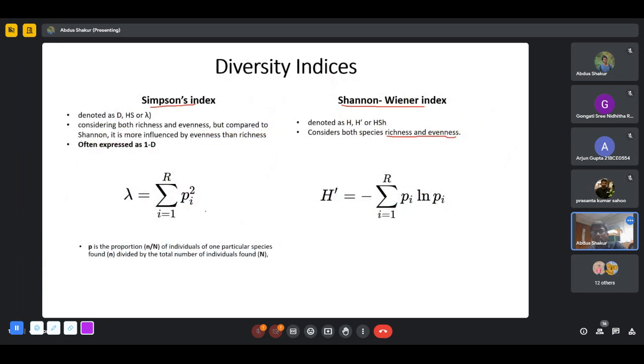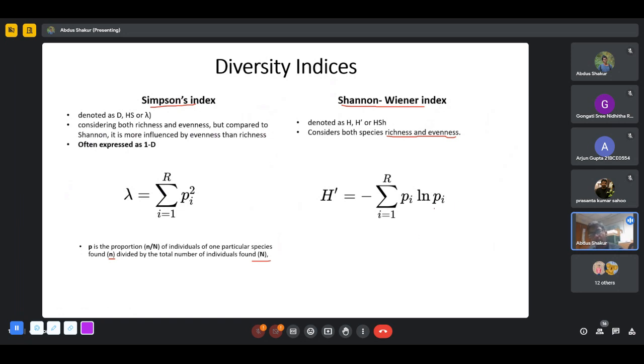So that's how we calculate the proportion. That is what this pi says: the proportion of the number of individuals of that species divided by the total number of individuals present in the community that you have sampled. So the small n is the number of individuals of the species you are looking at currently, and the total is the number of individuals found of all the species.